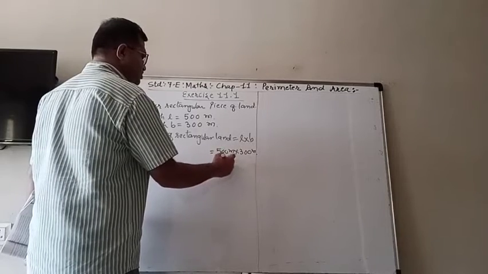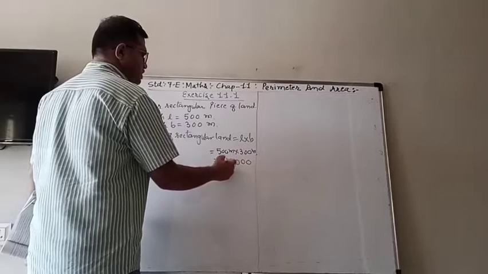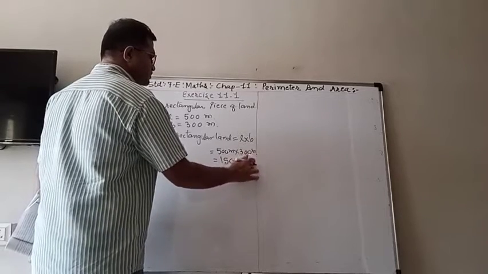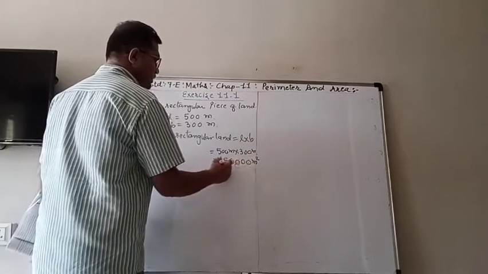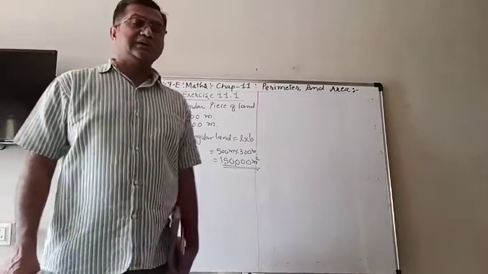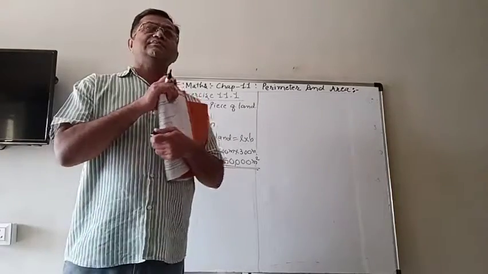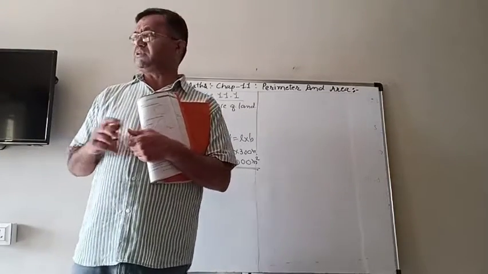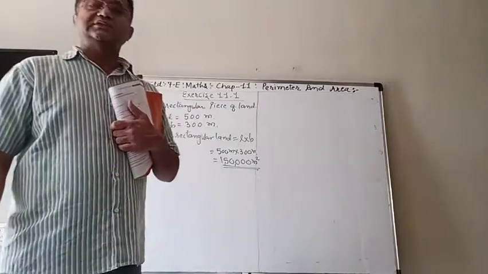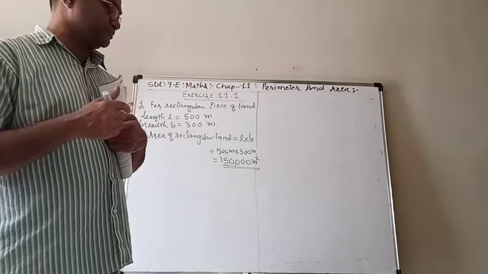So 5 3s are 15, 1, 2, 3, 4 zeros. So 1,50,000 meters square. I already explained you that when you write down the unit, be careful, because the length and breadth are given in meter, then the unit of area will be meter square or square meters.